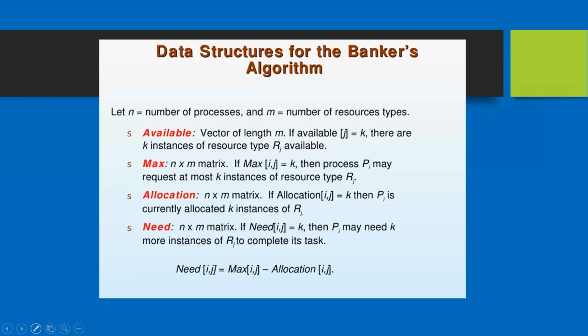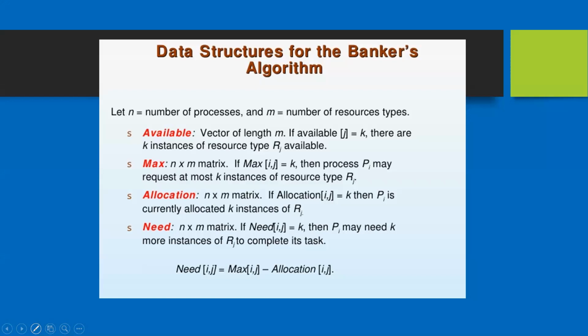Now allocation, all these are n cross m matrices. If allocation[i][j] is equal to k, then Pi is currently allocated k instances of resource Rj. Why Aij? Since all these are two-dimensional matrices.